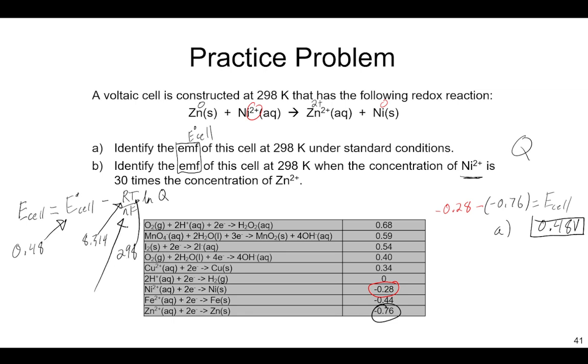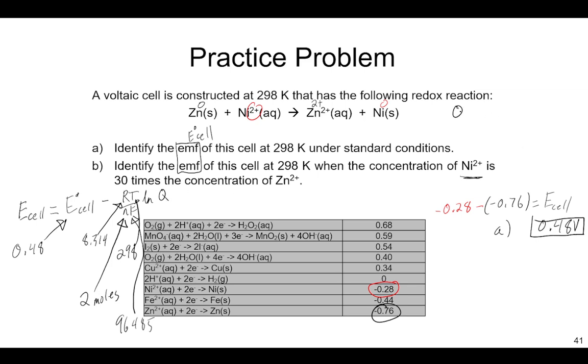The moles of electrons here, n, well, go back up. Zinc is going from 0 to 2 plus. There's 1 zinc, so that's 2 moles of electrons, n is 2. And Faraday's constant is 96485. And so we have everything we need except Q, right?